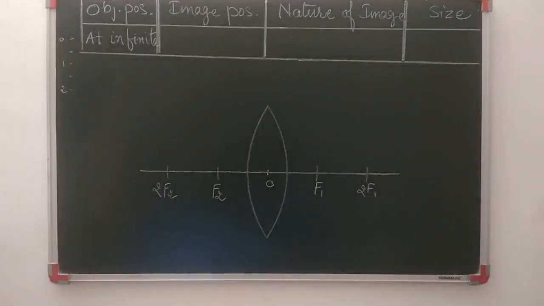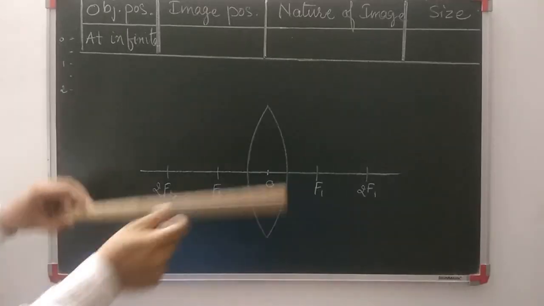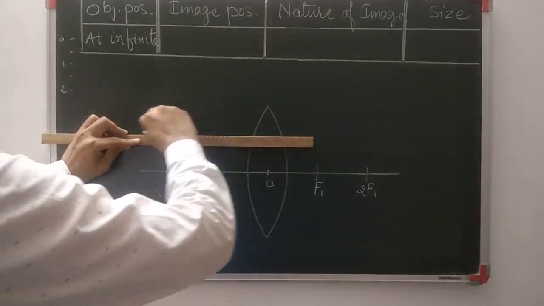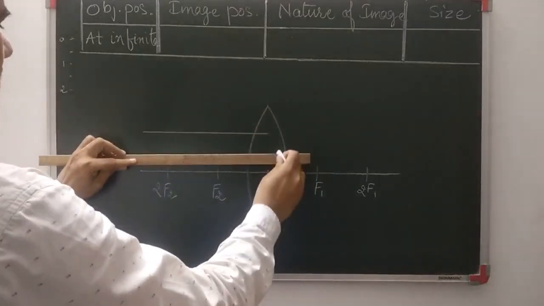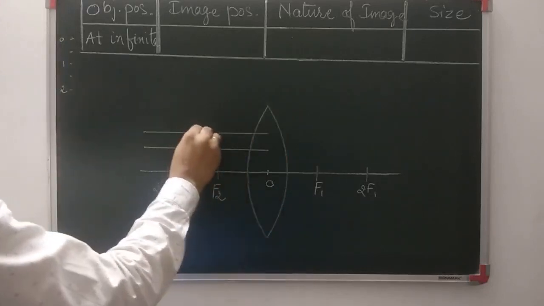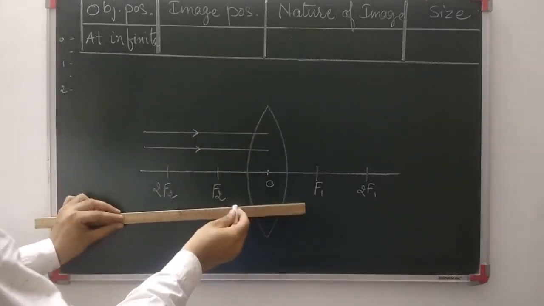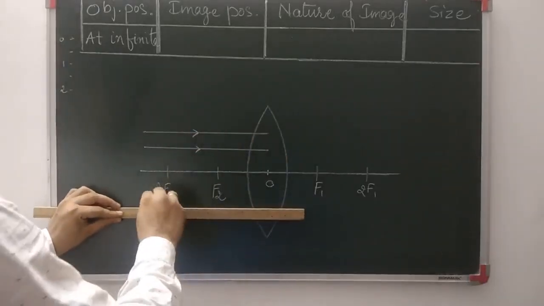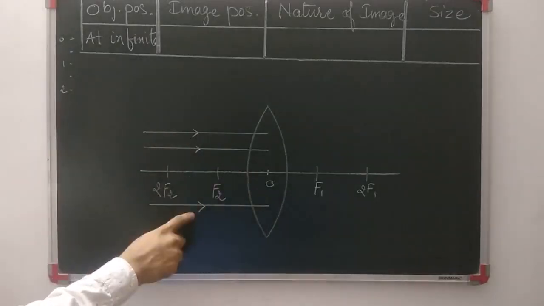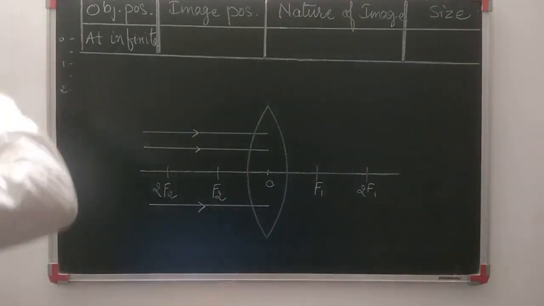If the object is at infinite distance, let us consider the rays which are coming from the object at infinite distance are parallel to the principal axis. You can see that these are the incident rays. We can draw one more if you wish. These are all the incident rays coming from the object at infinite distance.